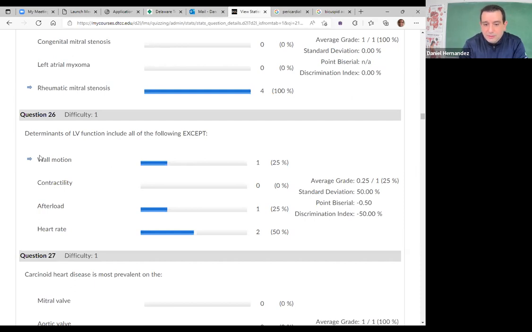Wall motion is how we actually describe LV function. So it's not an actual determinant, or something that determines how the LV is functioning. The wall motion describes the LV function.